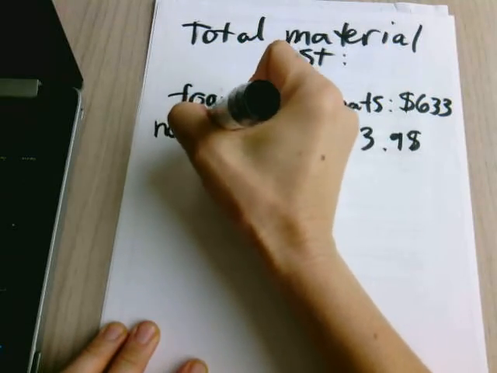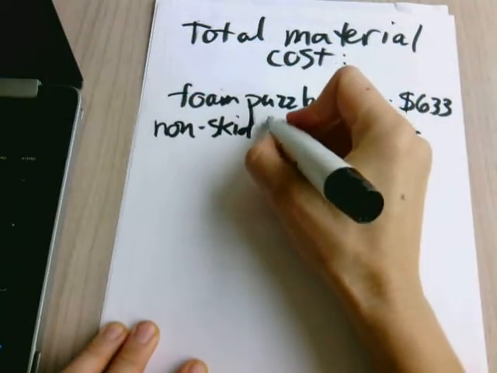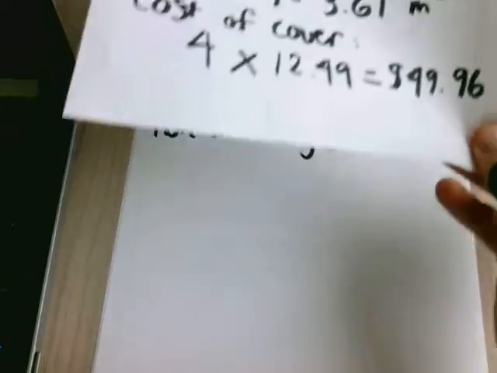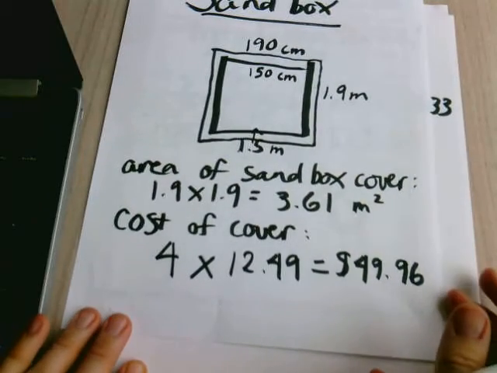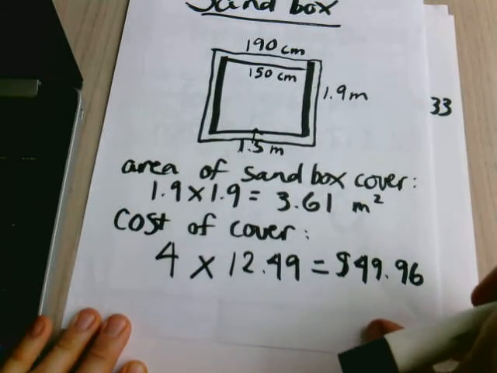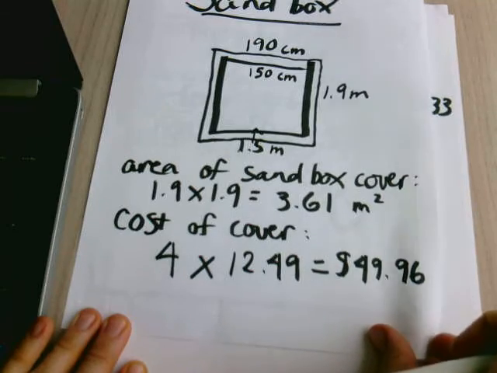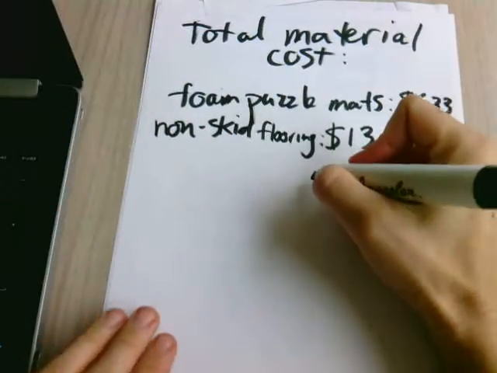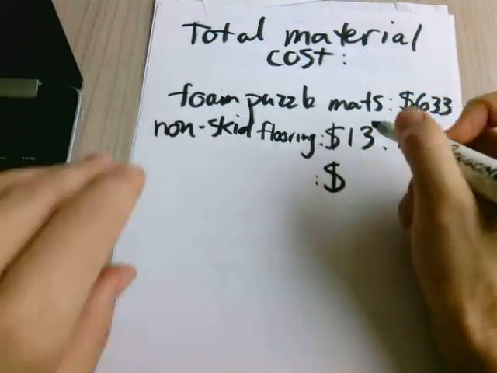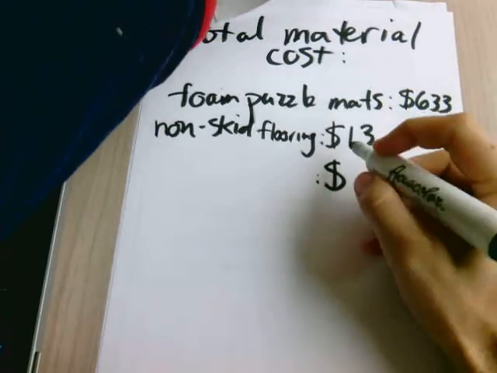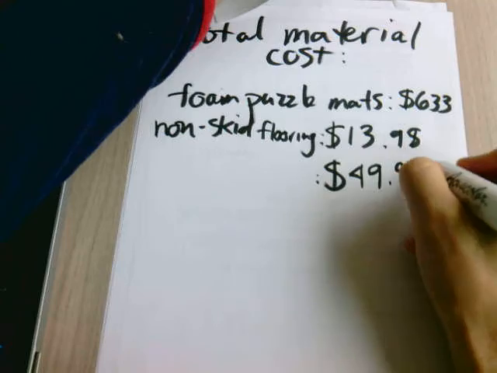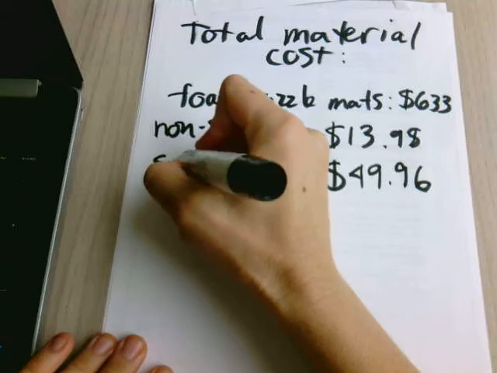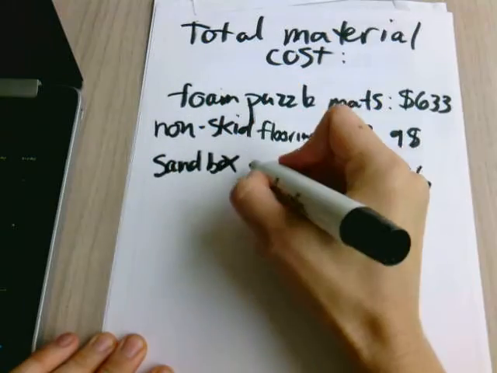So the non-skid flooring and the sandbox cover is going to cost Monica $49.96. Sandbox cover.